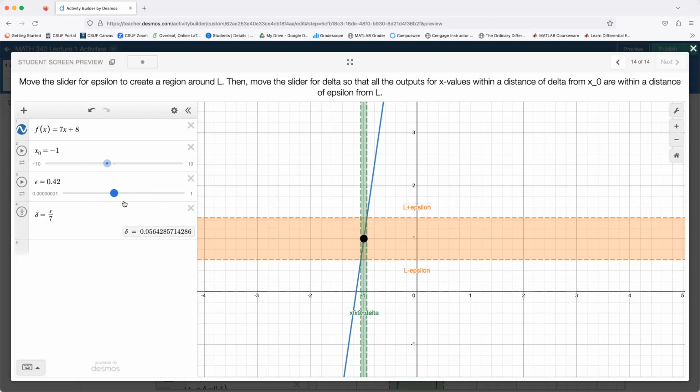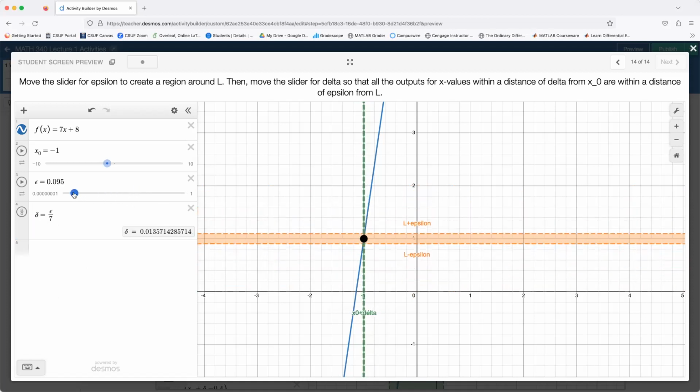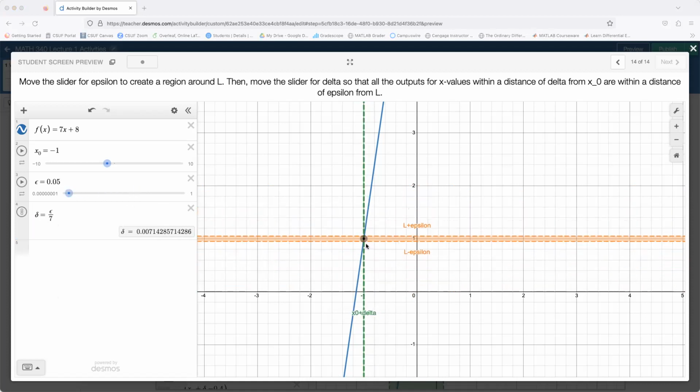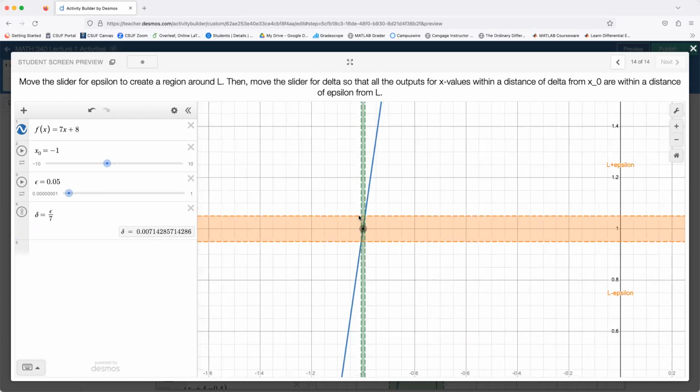So that's what we did by computing what the delta value should be that will work for our limit definition. Even if I make epsilon super, super small, delta is getting so small you can't even see the little window there. So delta is getting super small as epsilon gets really small. And how small do we need delta to get? We need it to be epsilon over 7 for this specific example.